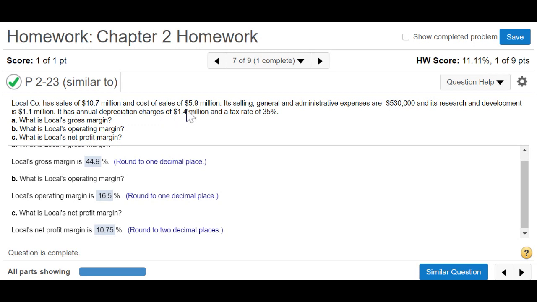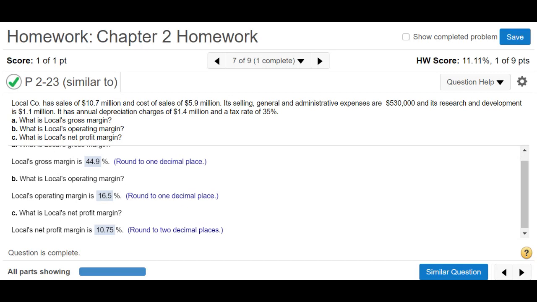So 4.8 minus 530 minus 1,100,000 minus 1,400,000. Let's get that answer first. Yes, I got 1,770,000. Okay, now what was it again you said?